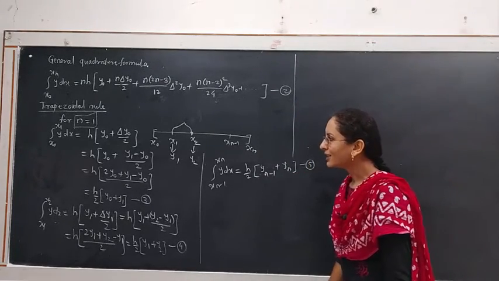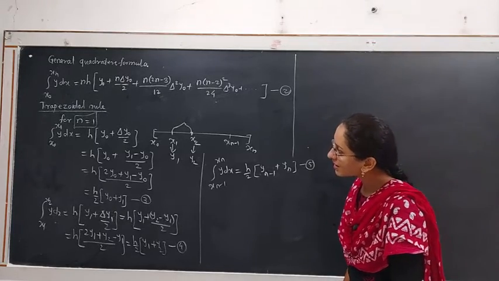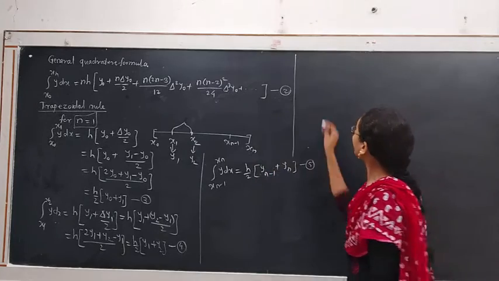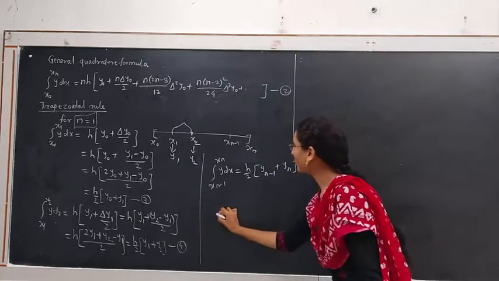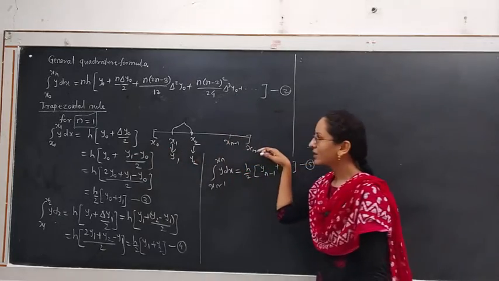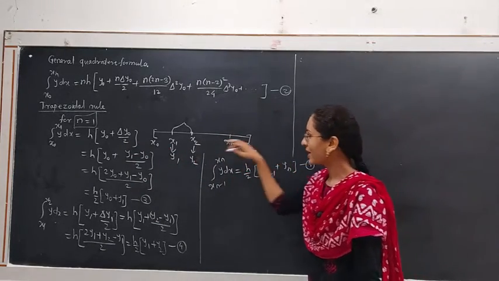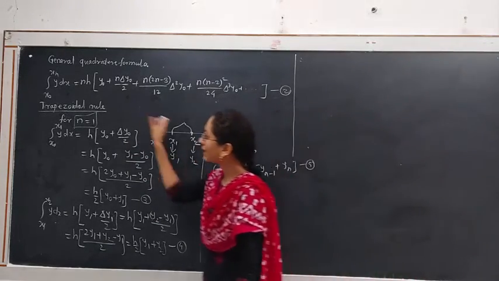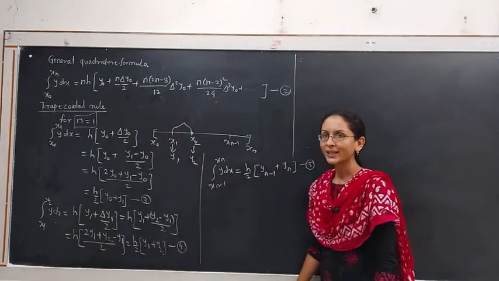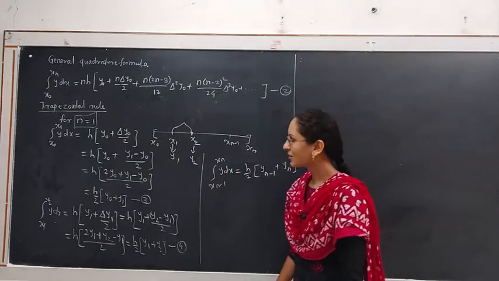Adding all the integrations represented by equation number 3, 4 and 5, because we are integrating the function y over these subintervals from x0 to xn. So the total integration from x0 to xn will be the sum of the integrations over the subintervals.